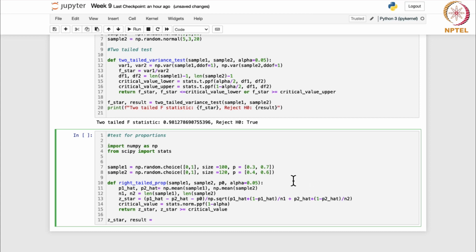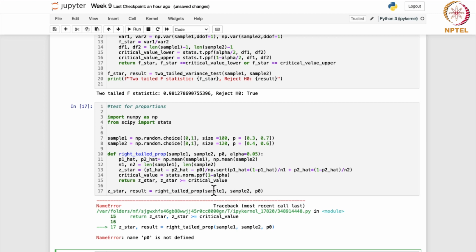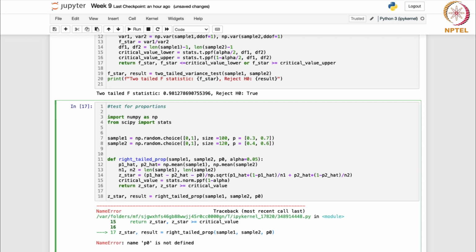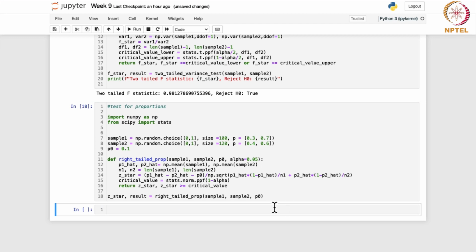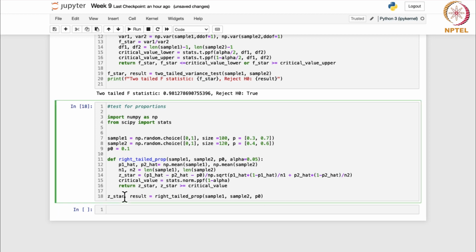Result would be... P naught I should have defined here. P naught would be, suppose it is 0.1. So let us see what is the z star value.